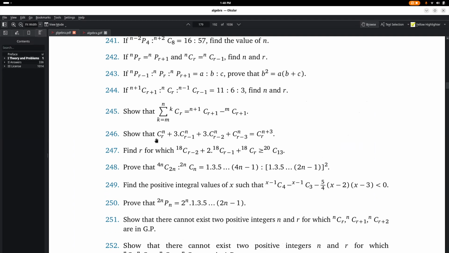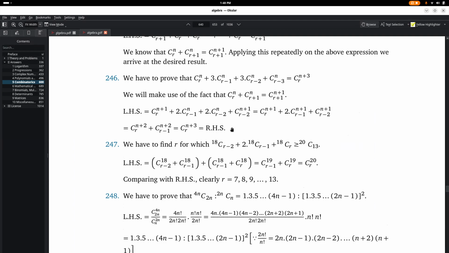Question 246 says that show that nCr plus 3 into nCr minus 1 plus 3 into nCr minus 2 plus nCr minus 3 is equal to (n+3)Cr. So we have this given relationship. We know that nCr plus nCr minus 1 is equal to (n+1)Cr. So what we do is we take this and one of this.